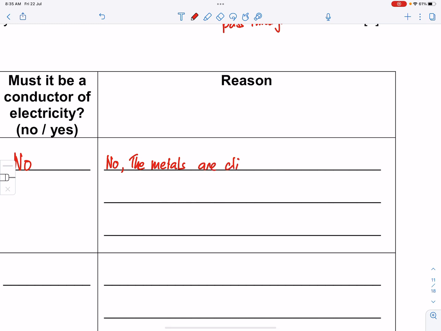So answer no, the metal clips are clipped onto the container.